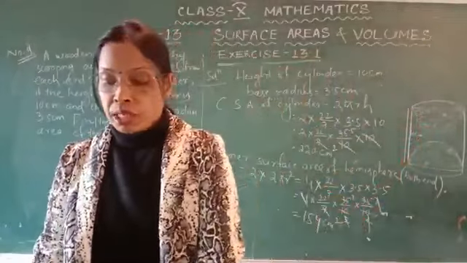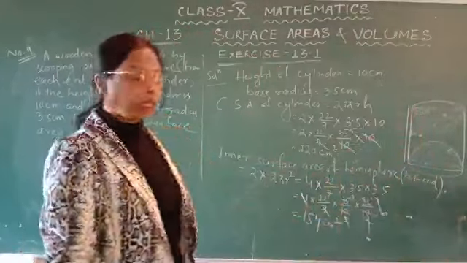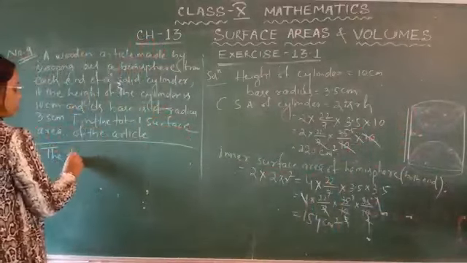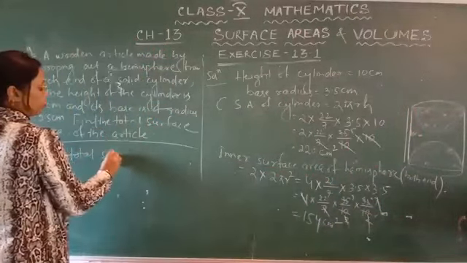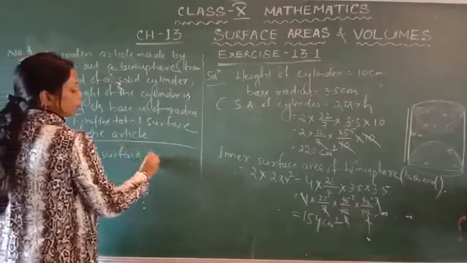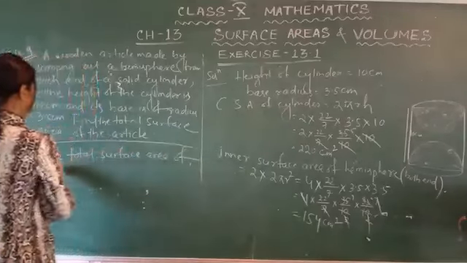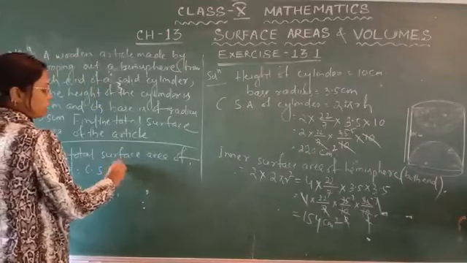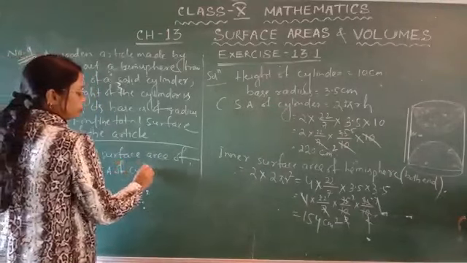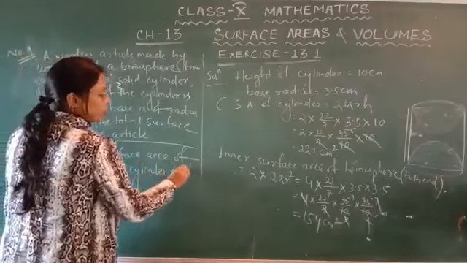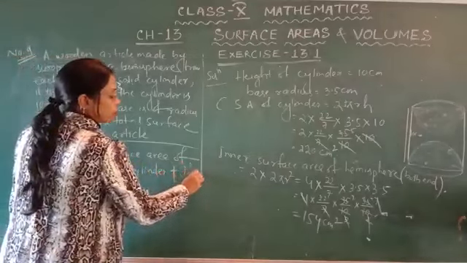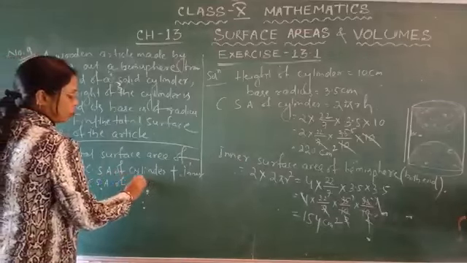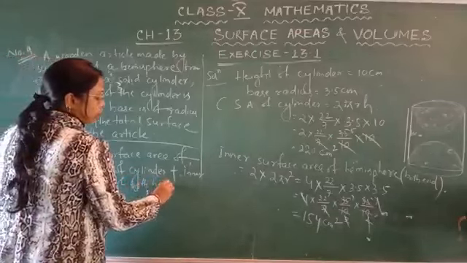So the total surface area of the solid is equal to what? So here we write. Now the total surface area of the solid is equal to curved surface area of a cylinder plus inner curved surface area of both hemispheres.